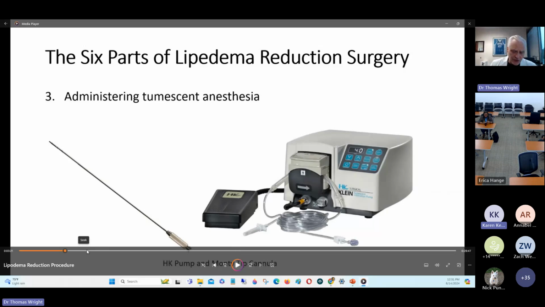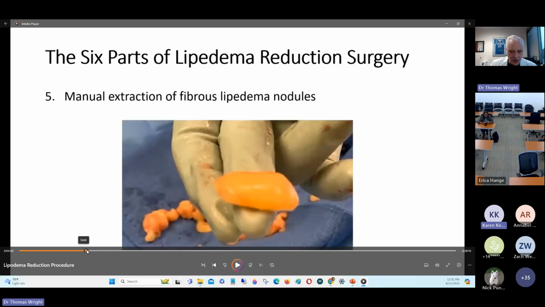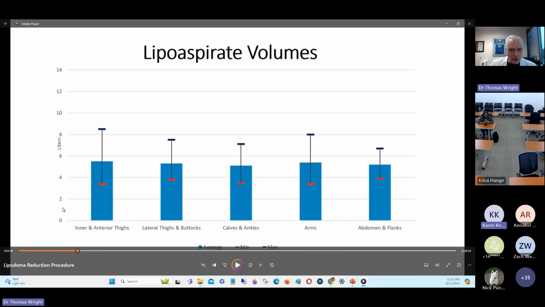Here, again, we do the tumescent. These are larger volumes, and I wanted to share a little bit of that. The average lipoaspirate is right around 5 liters for one of these surgeries, and it ranges. Larger ladies will have larger aspirates, and smaller ladies will have smaller, more normal aspirates.